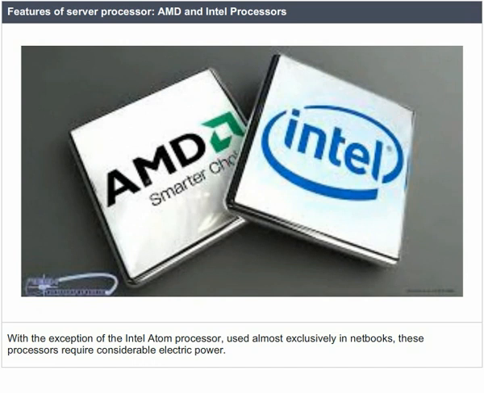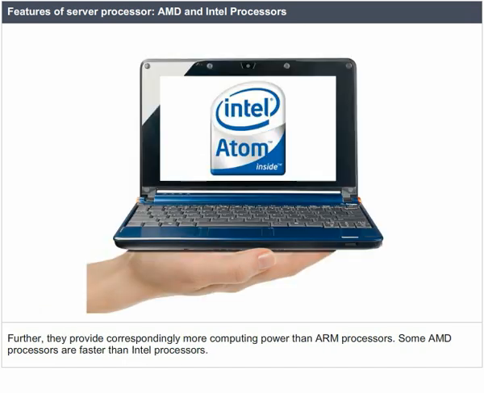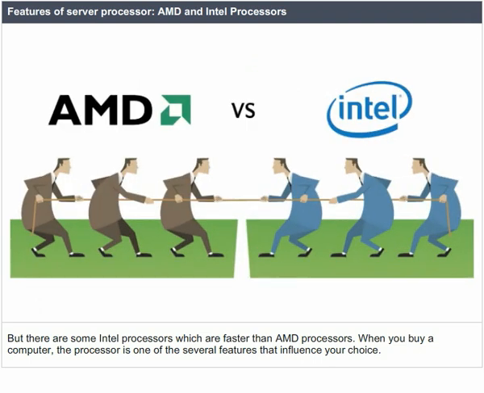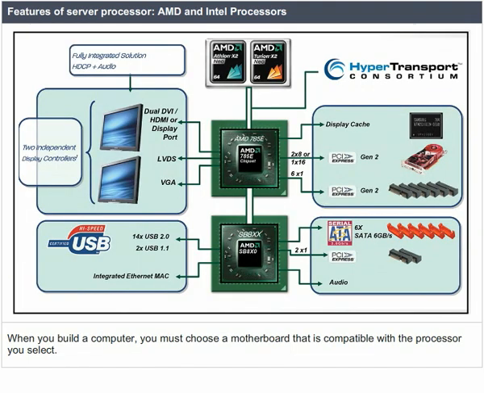Further, they provide correspondingly more computing power than ARM processors. Some AMD processors are faster than Intel processors, but there are some Intel processors which are faster than AMD processors. When you buy a computer, the processor is one of the several features that influence your choice. When you build a computer, you must choose a motherboard that is compatible with the processor you select.